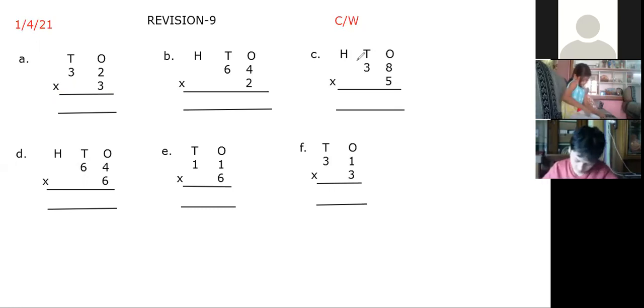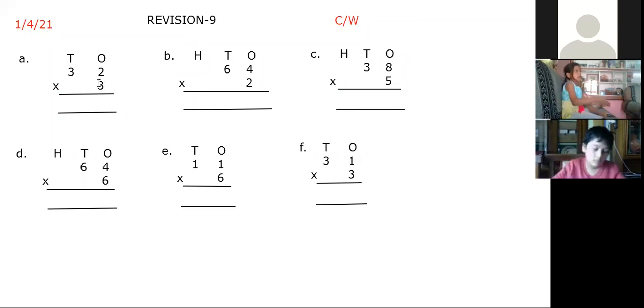Now, whenever we are multiplying two numbers, we always start with the ones place. Now we have to multiply this number 32 by 3.